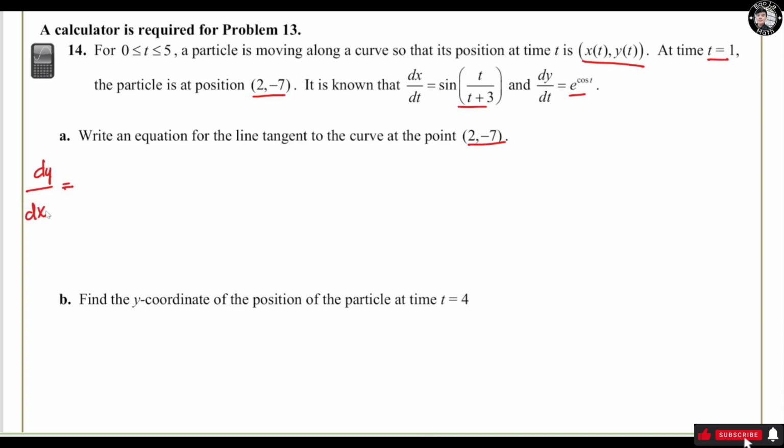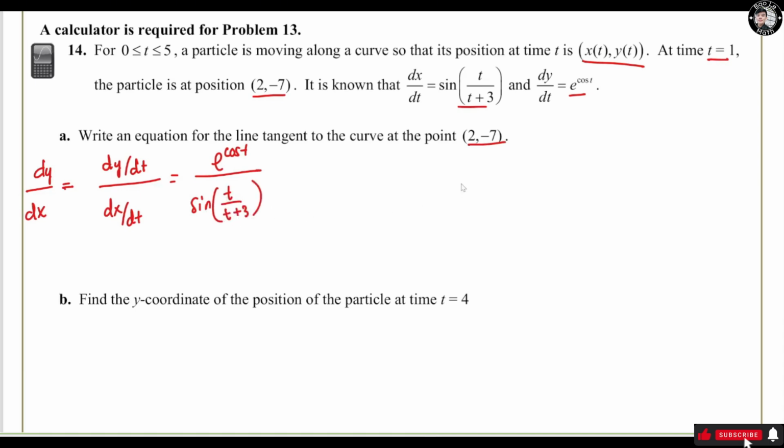Now you need to divide the top and bottom by dt, so you have dy over dt divided by dx over dt, right? dy over dt is going to be right here, so you have e to the cosine t divided by sine of t divided by t plus 3, right?